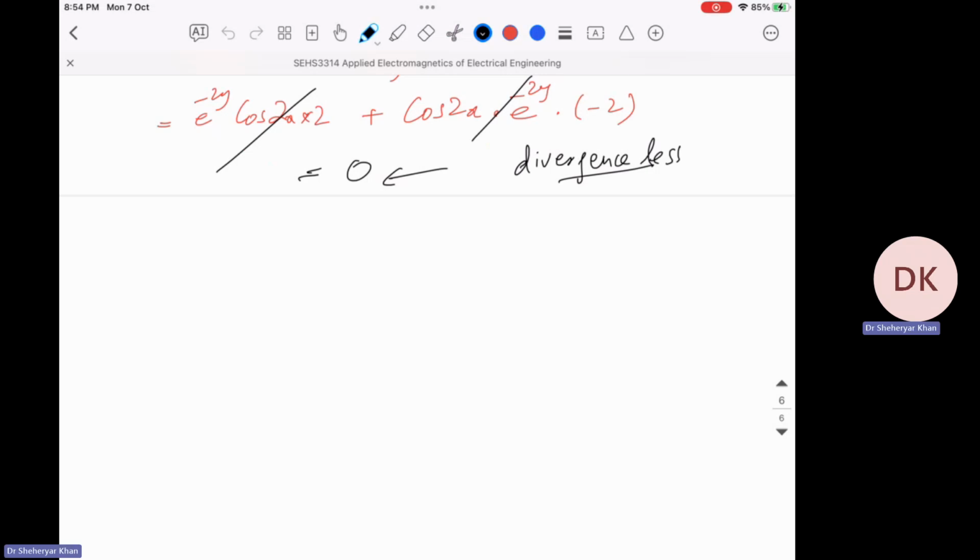Can you think about it? You can use the notes. Just open the first slide that we learned today. It's very simple.